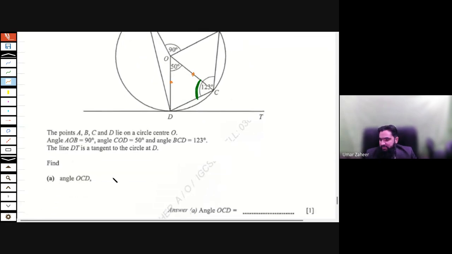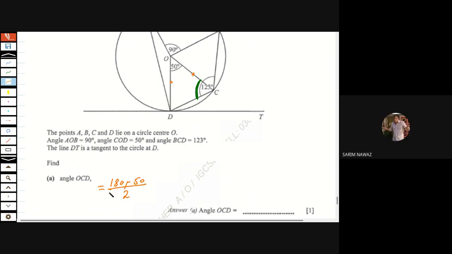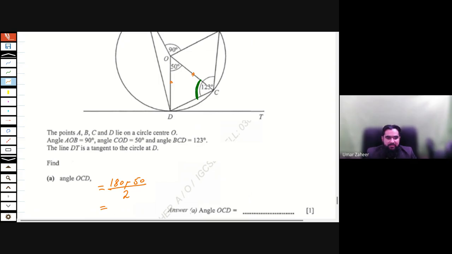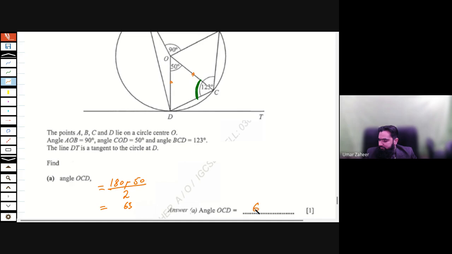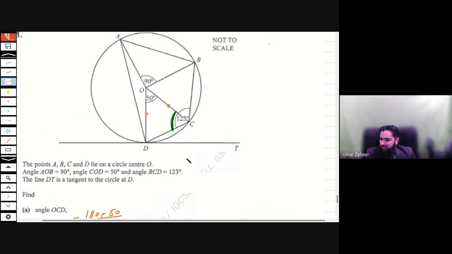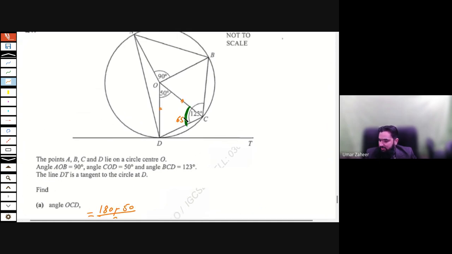So how can we find it? 180 minus 50 divided by 2. Yes, that would be 65 degrees. So we are going to get 65.